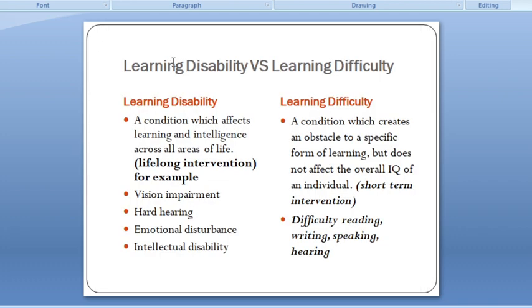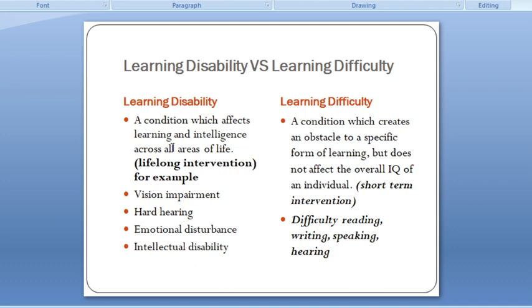So here, learning disability versus learning difficulty. Learning disability is a condition which affects the learning and intelligence of an individual student. And this will be across life. It will not be for a particular time period.